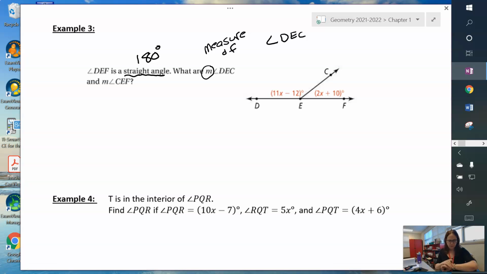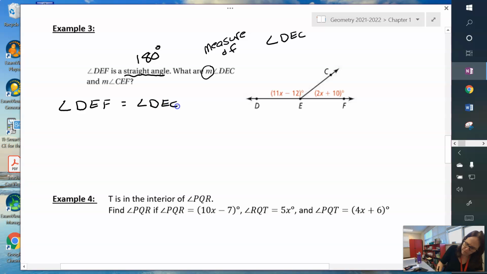So what I'm going to do is look at my diagram here. Just like I did with segments, I can add these angles together. I'm looking for the measures of DEC and CEF. So I'm going to say angle DEF, that's the big outside angle, is going to be angle DEC plus angle CEF.